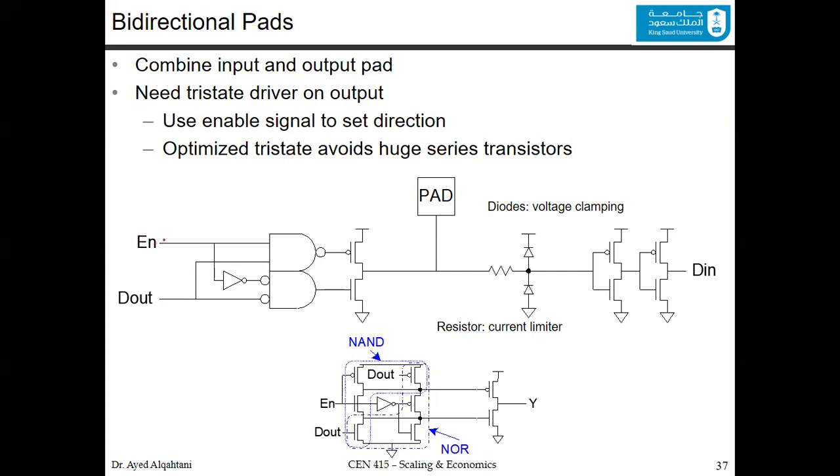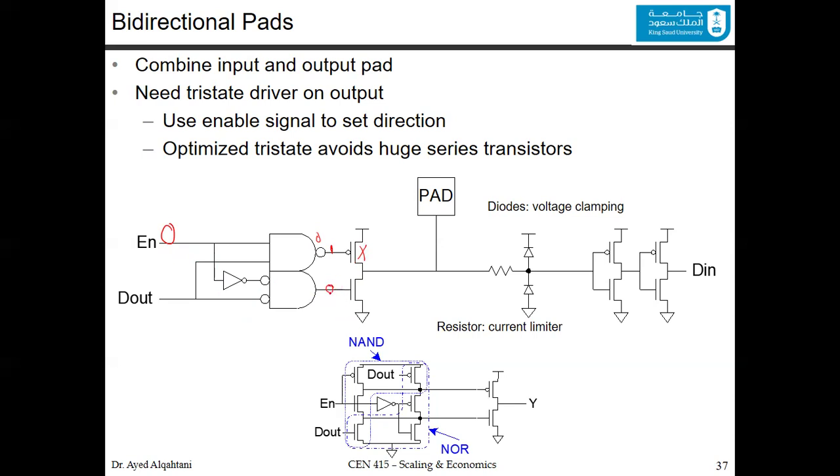So let's say that you have the enable equal to 0. If it is 0, then this AND will have a 0 value, so it's a 0 here regardless of the value of D out. Then this 0 will become the input of the OR, or after the inversion it will be 1, which means that this is going to be off. Similarly, it will be 0 here, and this one will be 0.